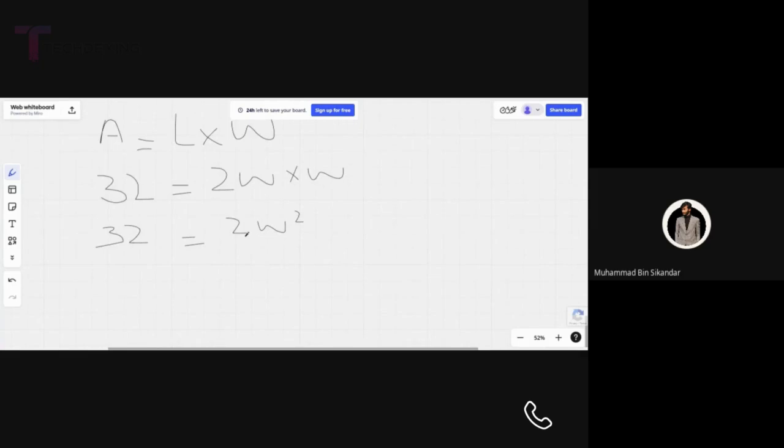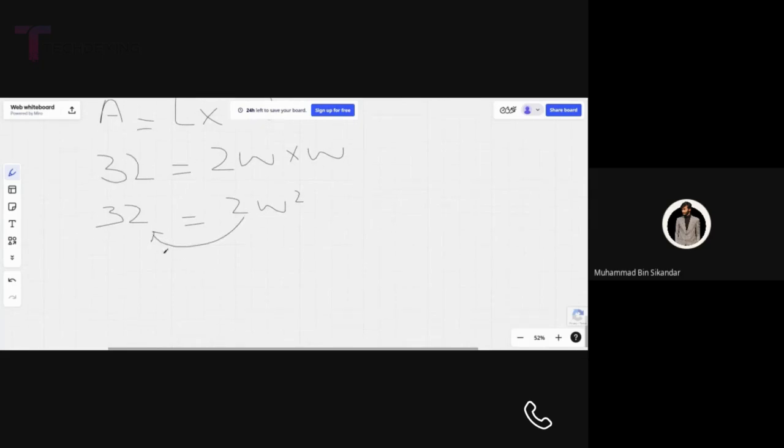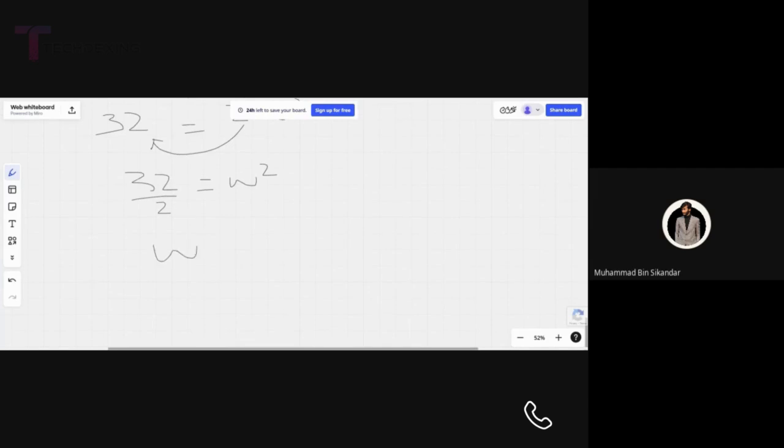If I move the 2 over here to divide it, this side it is multiplying, I move it over here, it will divide. 32 divided by 2 equals W square. What will be the answer? 32 divided by 2 would be 16.